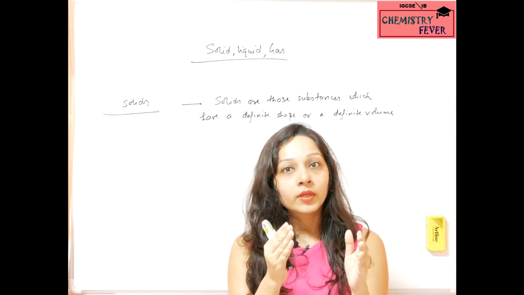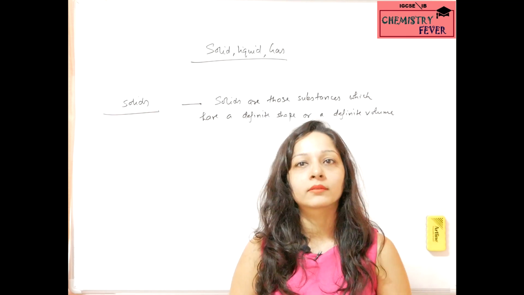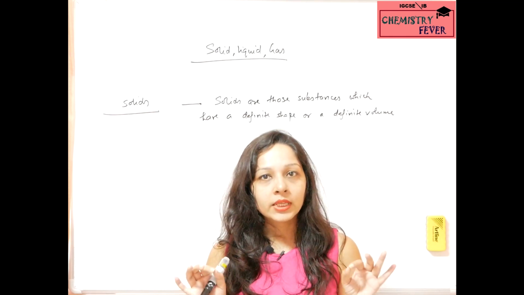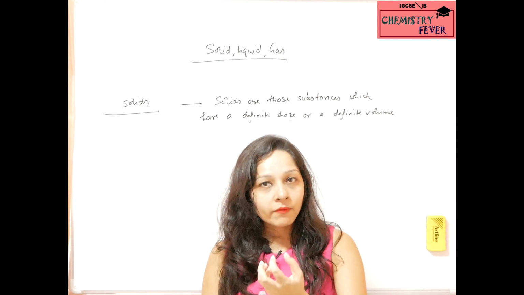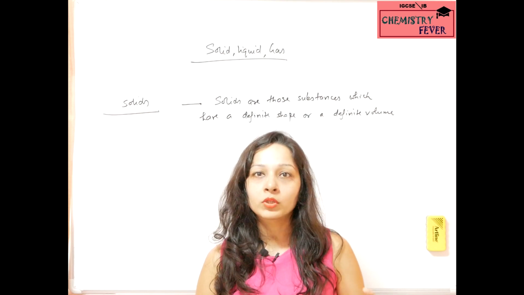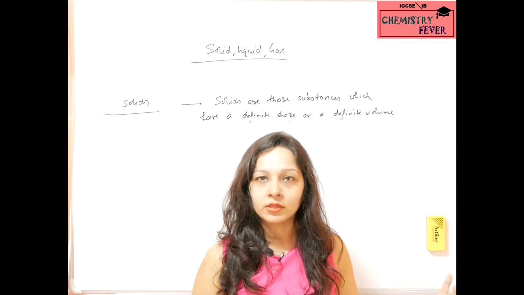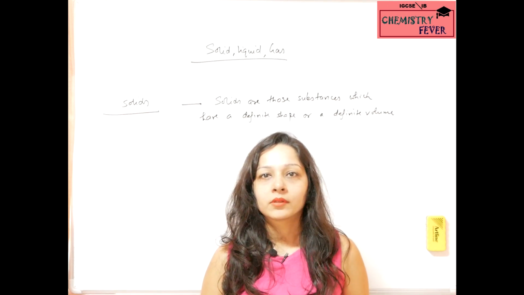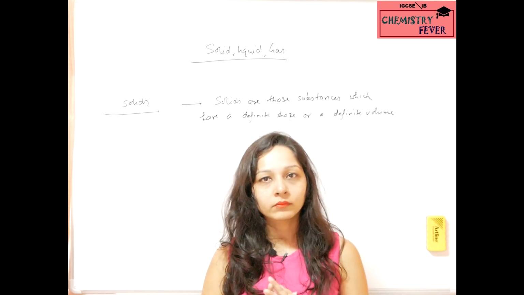So solid means there is a movement of particles. Movement in the sense that when we say solid, there is a vibration of particles at their mean position. If we further cool it down, suppose I cool a solid to -90, -70, -200, that vibration will also stop. It means now all reactivity ceases to 0.